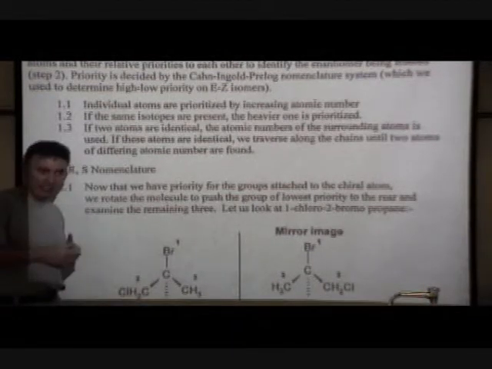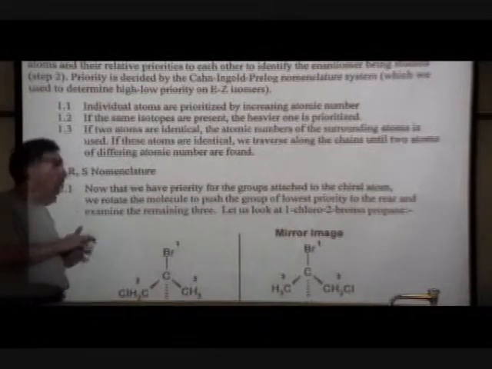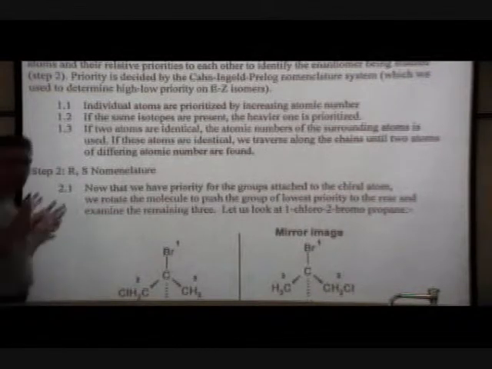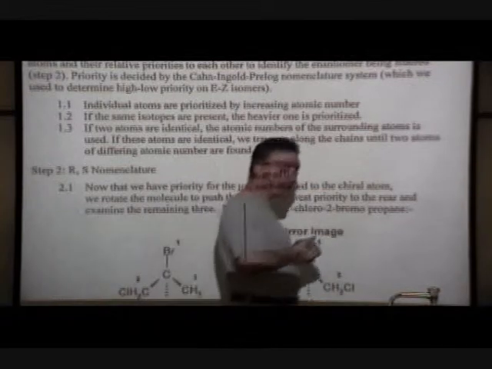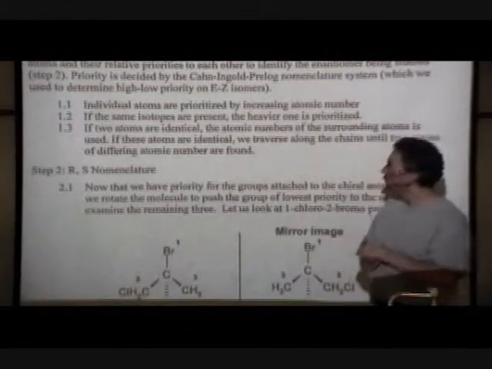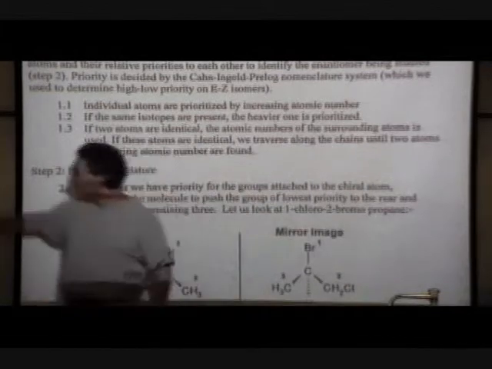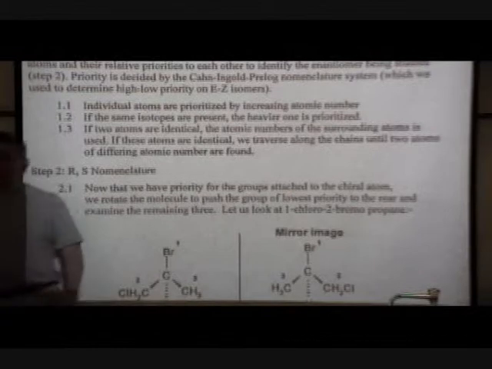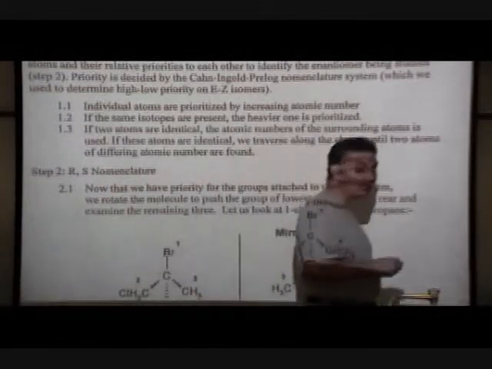Once we've sorted out the core name of the compound, we're going to do a little bit of work right at the beginning of the name based on the spatial arrangement of the groups around that chiral carbon atom. Wherever there's a chiral carbon atom, we're looking at the four groups which are attached.